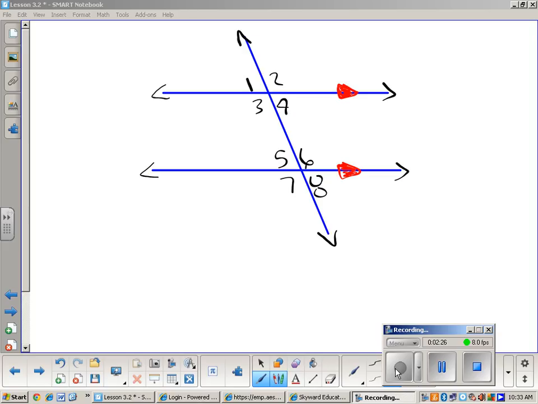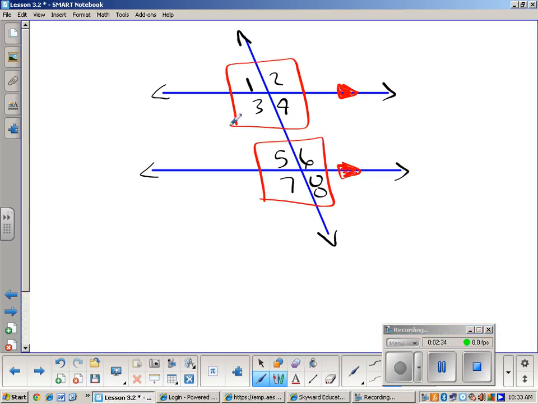Tyler? Angle 2 and 6. Angle 2 is in the upper right, 6 is in the upper right. If we have parallel lines, those are congruent angles.